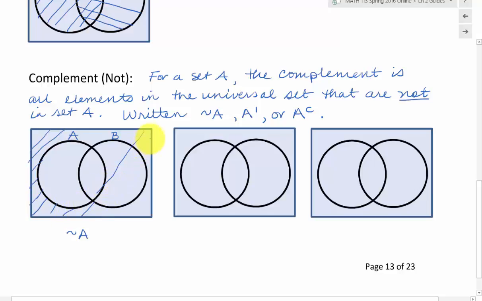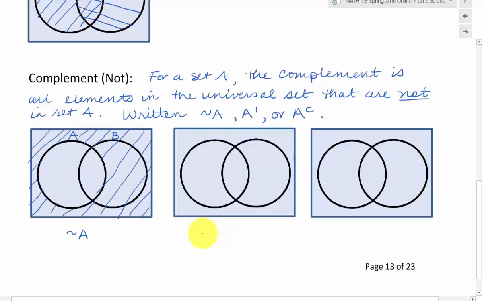So if it's in B proper, not in the intersection with A, it's going to be included. So everything that I marked in, that will be the not A. So the A ball itself, including this piece right here that's in the intersection with B, that's still a part of A. So when I say not A, I do not include this portion.